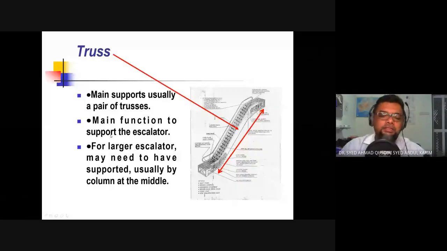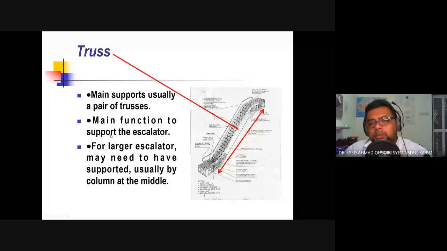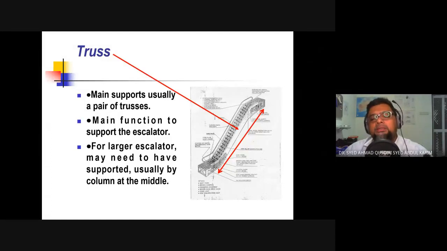Again, this is the support. For a larger escalator, the support would be a lot longer, which is not ideal because it would tend to vibrate. To overcome that, usually at the middle of the truss, they would put in another support, which is attached to the structure, either from concrete or steel.